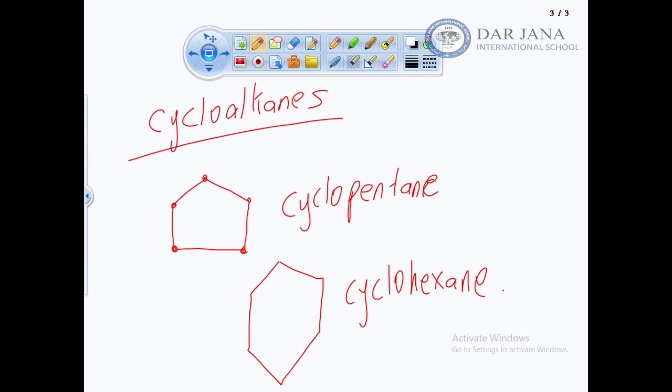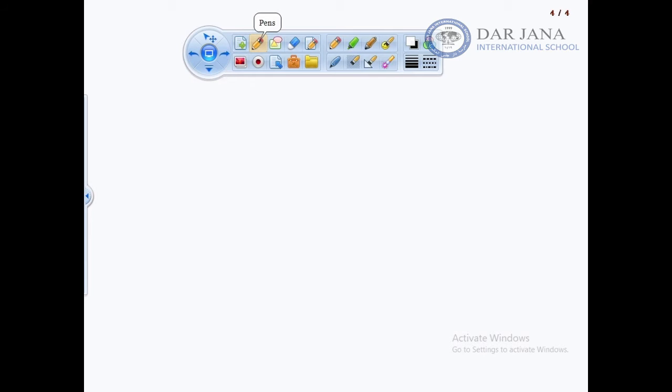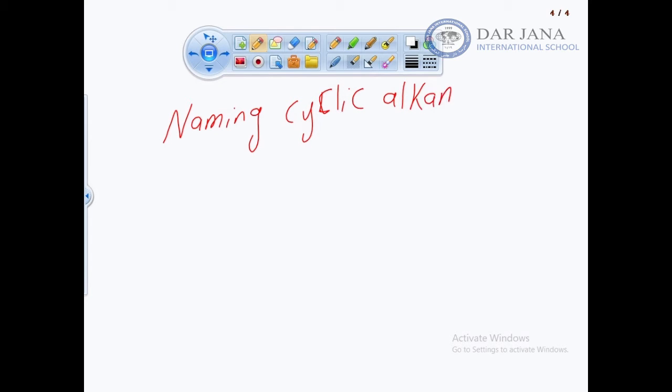What about if we have substituents on the cycloalkane? So let's learn how to name cyclic alkanes. Take this example.